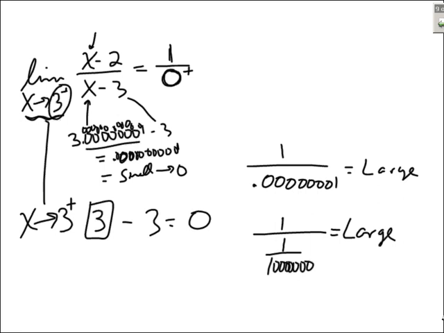And since the numerator is positive, and if you're a little bit more than 0, you're positive, our answer will be positive infinity. If the bottom's getting close to 0, but the top is not, you're getting close to infinity. Sometimes positive infinity, sometimes negative infinity.